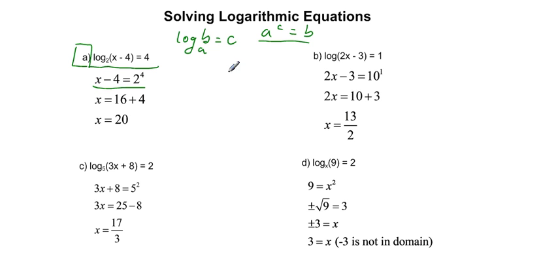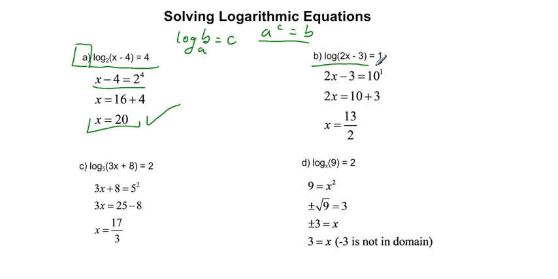It's written a little bit differently than I indicated here, but the idea is exactly the same. So the base 2 to exponent 4 is equal to the value inside. Then by just manipulating that linear equation, 2 to 4 is 16, adding, there you go, solution.